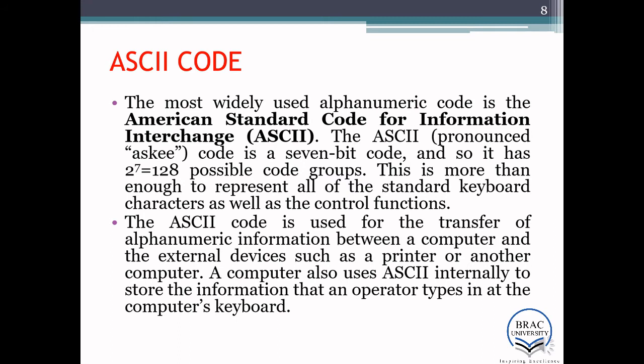This is more than enough to represent all of the standard keyboard characters as well as the control functions. The ASCII code is used for the transfer of alphanumeric information between a computer and an external device such as a printer or another computer. Computers also use ASCII internally to store the information that an operator types in at the computer's keyboard.